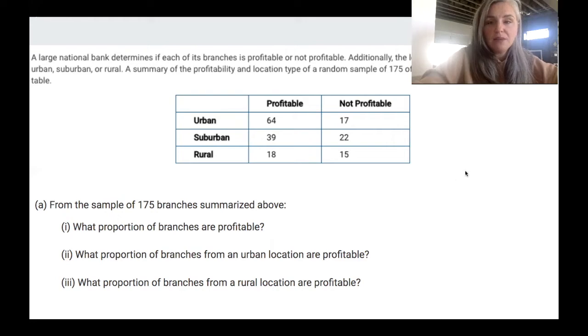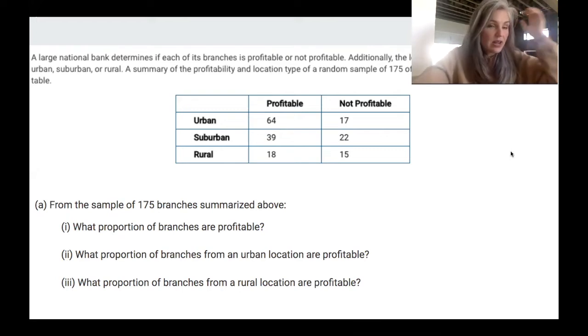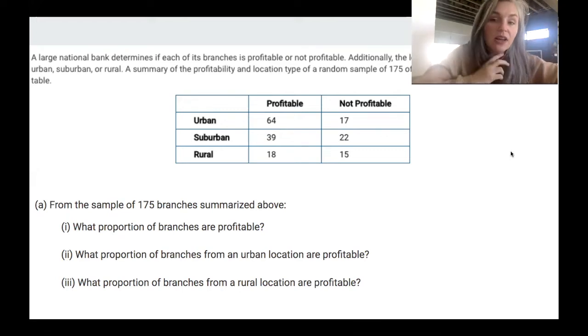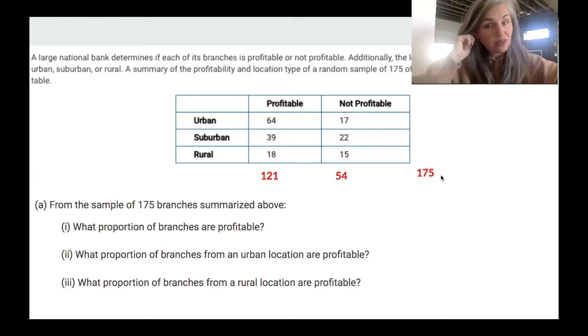And remember when we did this, I always find it easier to just go ahead, before you answer any questions on it, and get your totals if they're not given to you. So how many profitable? 121, add. How many not profitable? 54, add. Double check your 175 sample here by adding profitable plus not profitable. There's only two things the bank could be.